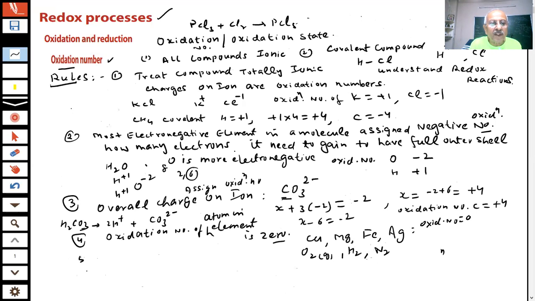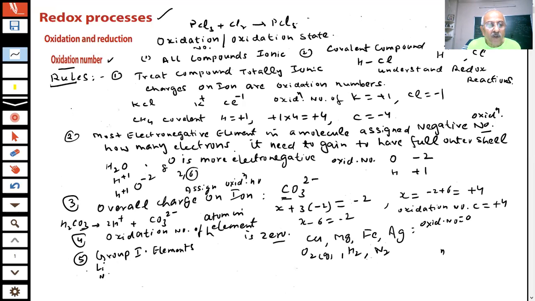And further, we are saying, if I take group 1 elements, students, can you name some of the group 1 elements? Group 1 in the periodic table will be alkali metals. Which are those?